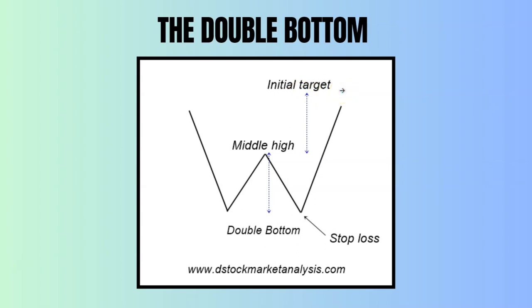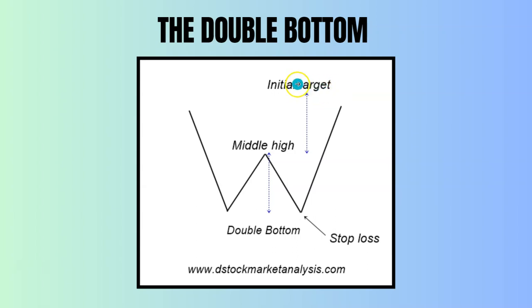Especially if it's a stock that's going to start an uptrend, there is no reason why you should sell everything when it reaches the initial target, because with these chart patterns, your stock might just be in the beginning of an uptrend, and sometimes the stock can go way higher than the initial target.